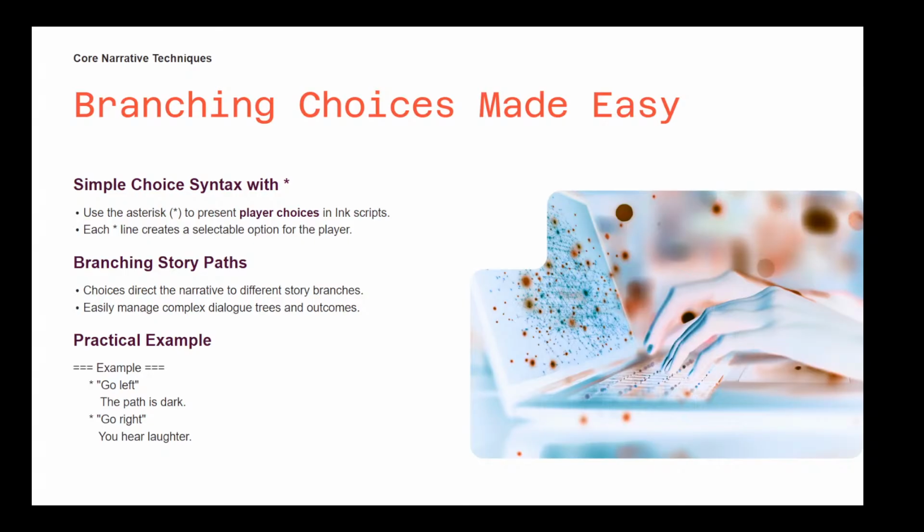So here we can, like we saw, show multiple choices. We saw the divert. That's how you can go between different knots. I'd like to think of each knot as a new scene in your story.